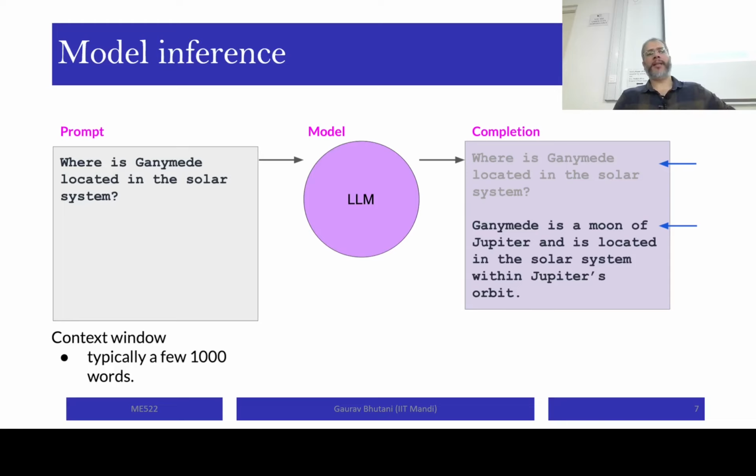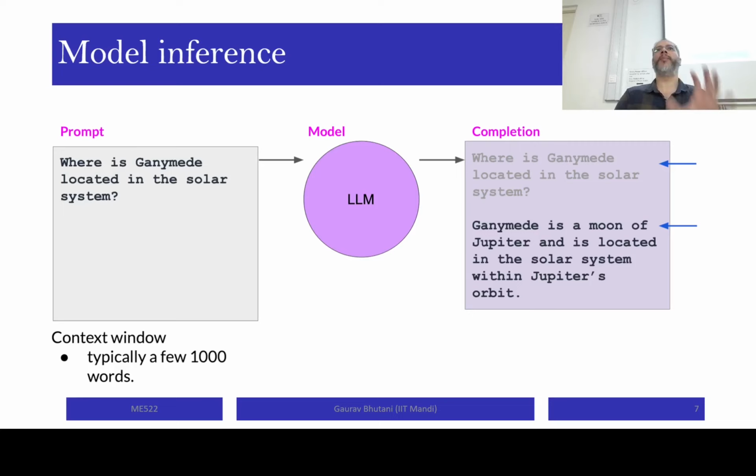In the case of large language models, you give a prompt, which is basically a sentence which has some words, and these words are called tokens. There is a context window, which limits how long your input can be, or how many tokens you can supply to the model as input when doing inferencing.